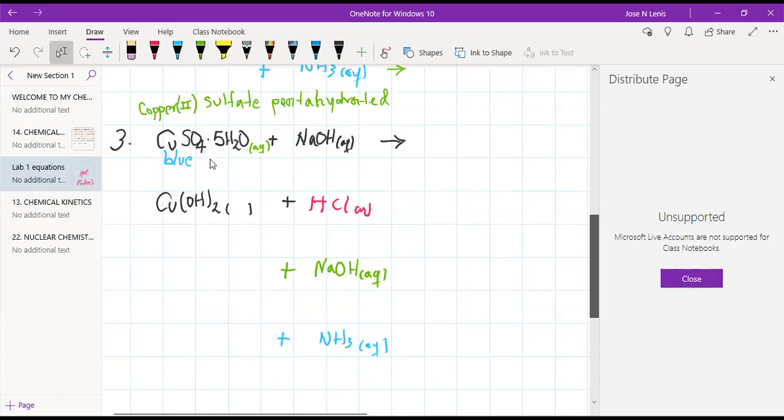So again, we have 3 test tubes containing copper sulfate solution. To each of the 3 test tubes, we added sodium hydroxide, a strong base, and what do you see? Precipitate on all 3 of them.